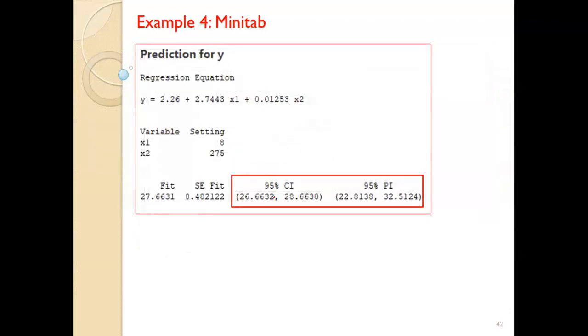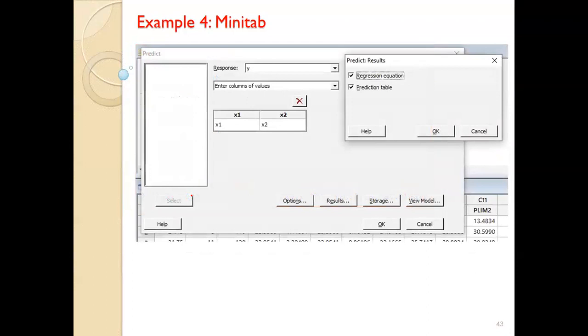This is the 95% CI and PI at this value, for example. And also, if you would like to calculate the confidence interval of the mean for all, you can choose all of this, x1 and x2. You do not substitute x1 and x2, you substitute all of the data.